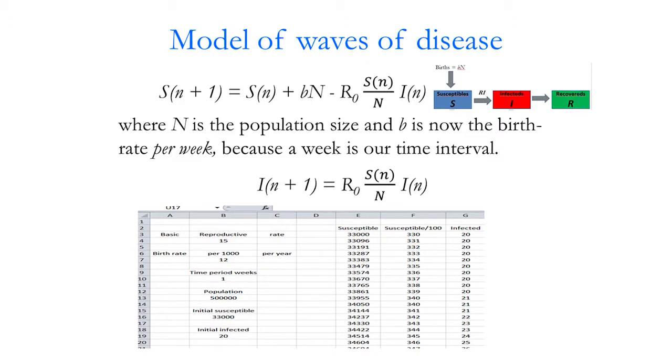I at time n, I of n, is the number infected at the start of week n. So I, n plus 1, is the number infected at the start of the next week, n plus 1. S, n plus 1, is the number susceptible at the start of each week. And I'm taking a period of a week because that's more or less the infective period for measles.